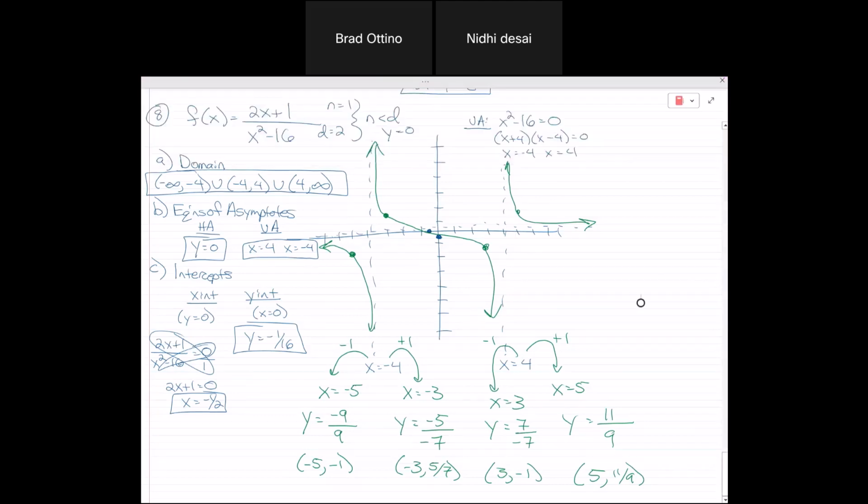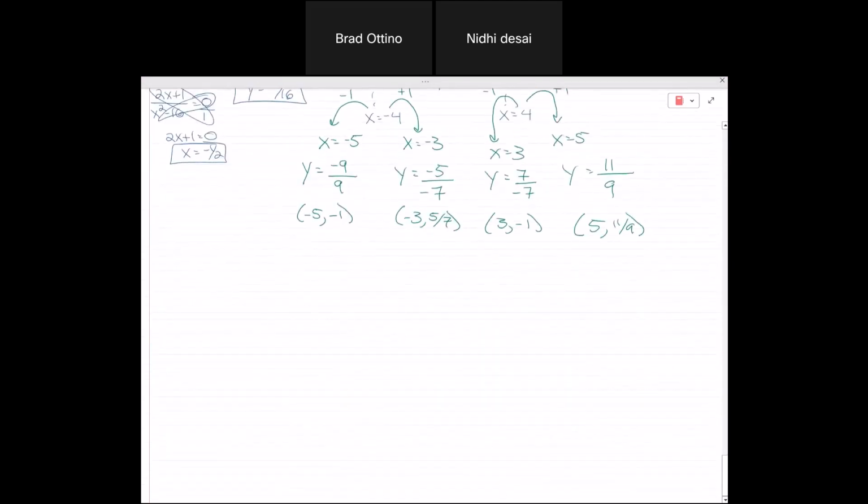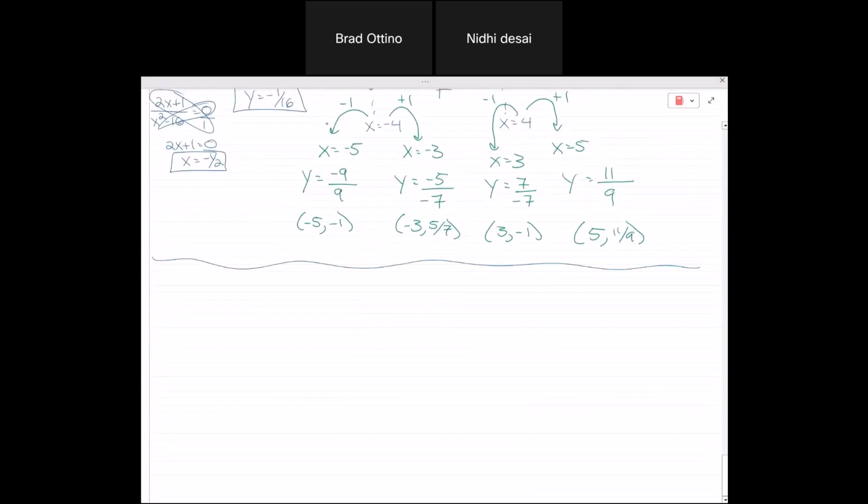All right, let's move on to some other problems with logs. Problem number 9 just says expand fully.